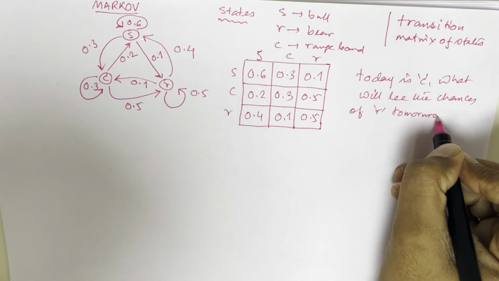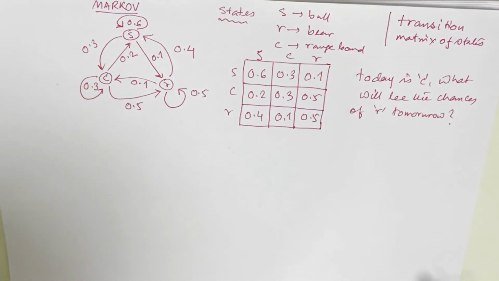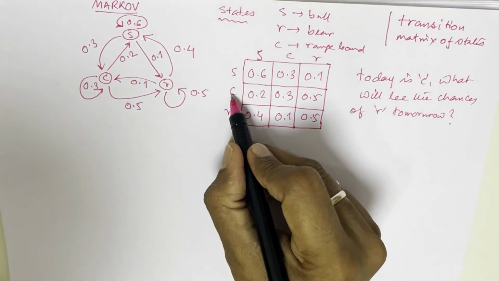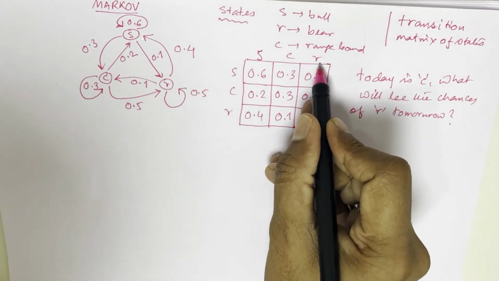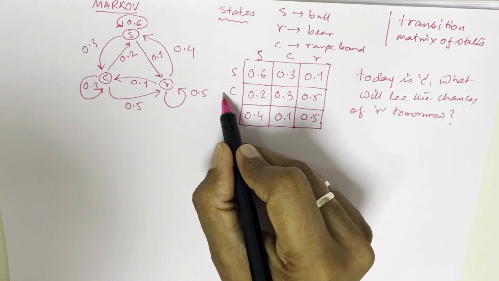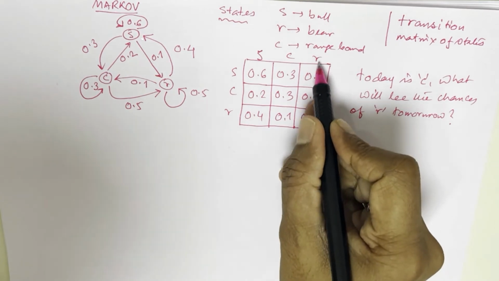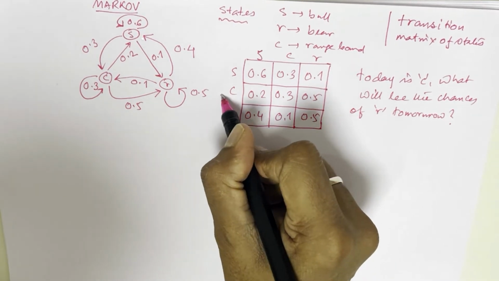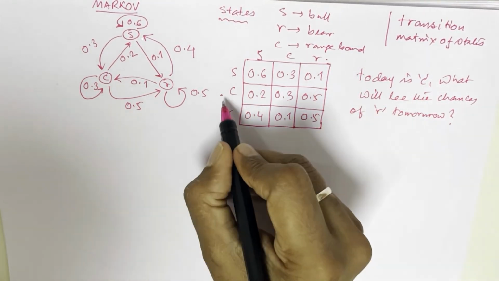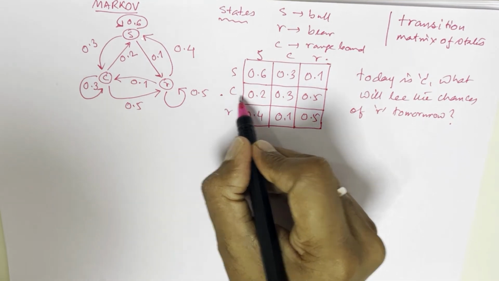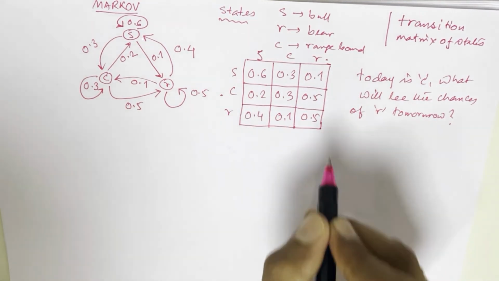That means, what is the chance of a bear market tomorrow? So we have to take from this C to R. You just follow the pen that I'm following here, C and R. Because C is the current state and we are targeting the R state, we will take the row of C and column of R.